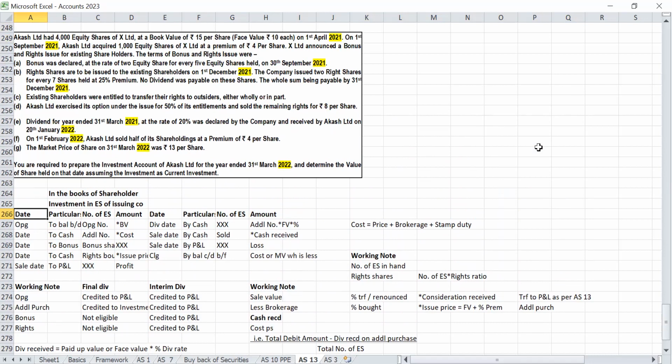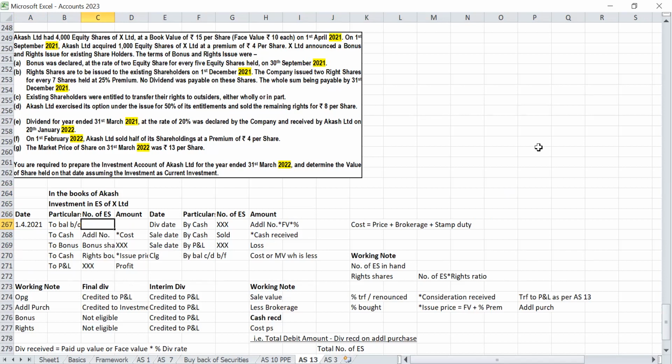Akash Limited has 4,000 equity shares of X Limited at a book value of 10 per share, face value each 10, on 1st April 2021. So in the books of Akash, Investment in X. What is the opening date? 1st April.